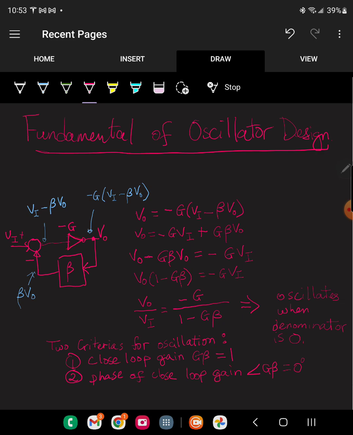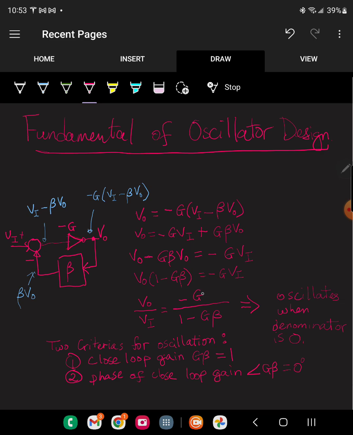There are two criteria to cause this feedback loop to oscillate. The first condition is that this term, the closed loop gain, which is G times beta, has to be 1. Or you can say the denominator has to be 0.